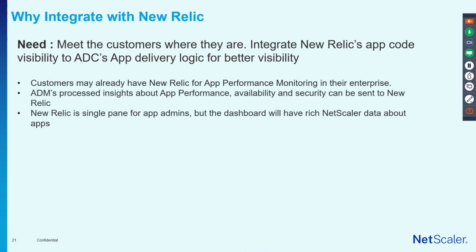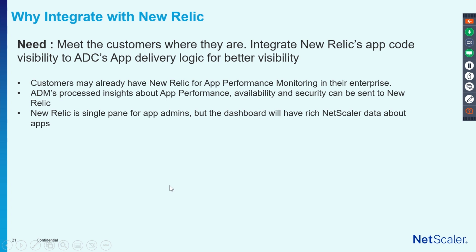So it's very evident that customers, before they purchase ADM or ADC, I'm pretty sure have been managing multiple network nodes. So they could start with an observability endpoint from the very beginning. And as I said, when we come into the mix, we want to make sure that the rich data is available in ADM when the persona looks into the ADM, or if the persona is looking into some other dashboard, there is the ability to export that rich data to wherever the other persona wants to look at the data.